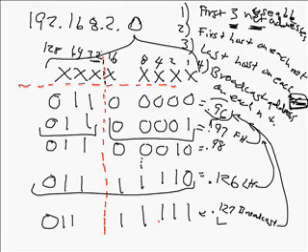Now what would the fourth network be? We don't need the fourth network. We've solved the problem here. But what would it be? These two bits are full, 1 and 1 here, so you have to start over here, 100.